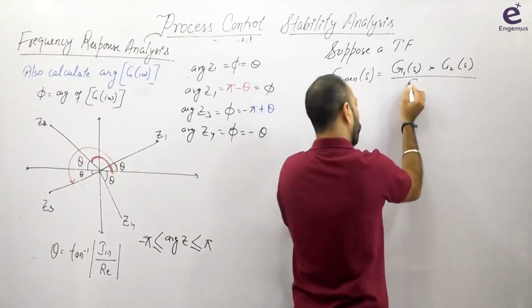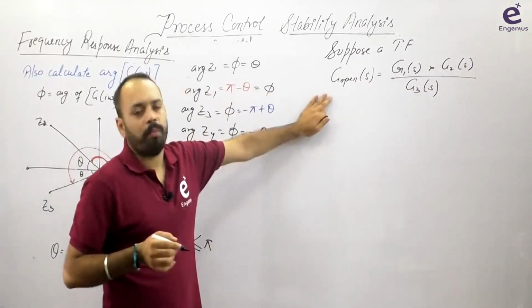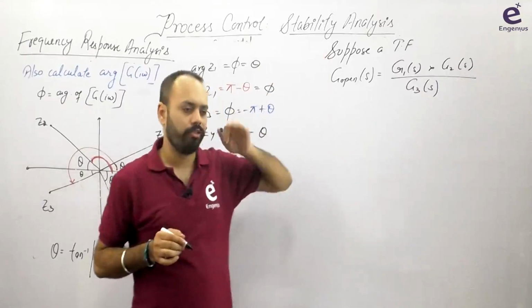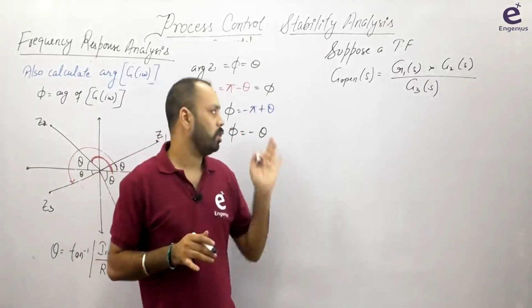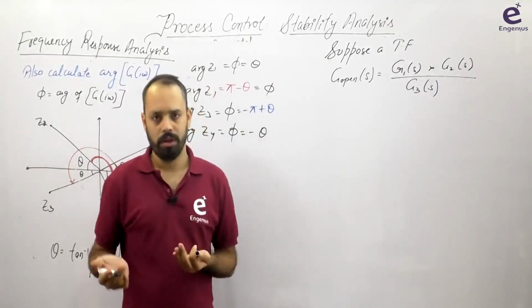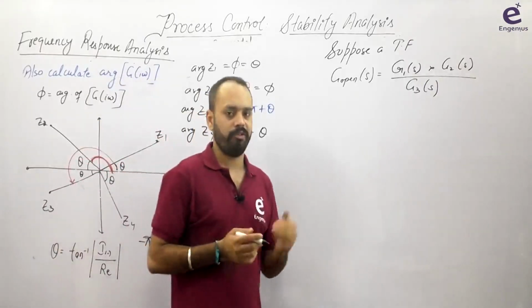I'll take an example for all of them, don't worry. Look, here it is still the open transfer function. Fine. And what is G1(s)? G1(s) is the transfer function of some component for which AR and phi are already known. G2(s) is the transfer function of some other component for which AR and phi are already known. G3(s) is the transfer function of some other component for which AR and phi are already known.